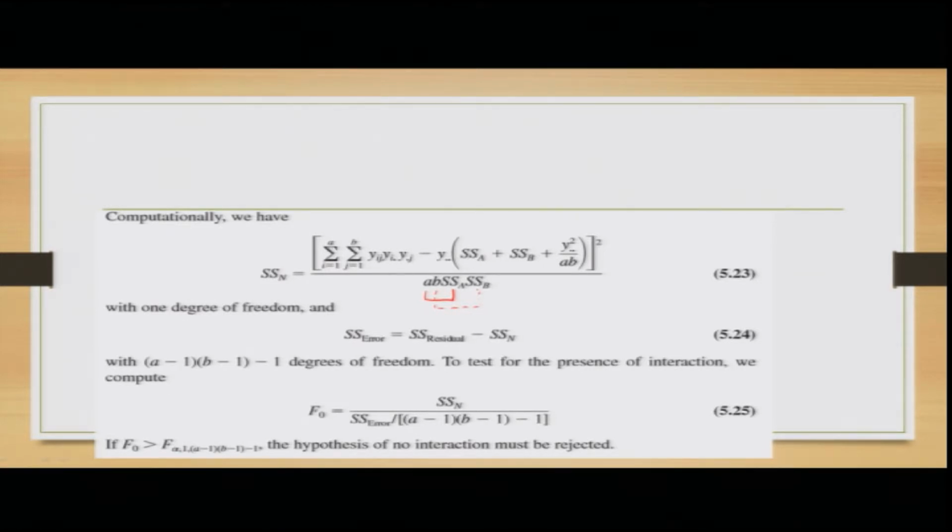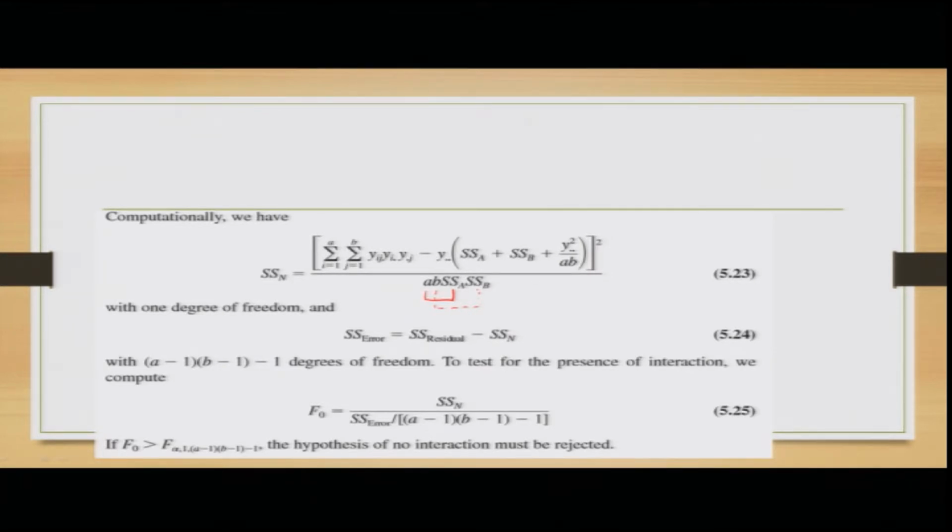In the numerator you will have the sum of the squares of A, the sum of the squares of B, plus the y square. Y square is the value I am finding for all the values of i's and all the values of j's, because here the cells were independent with respect to k, which is from 1 to n.